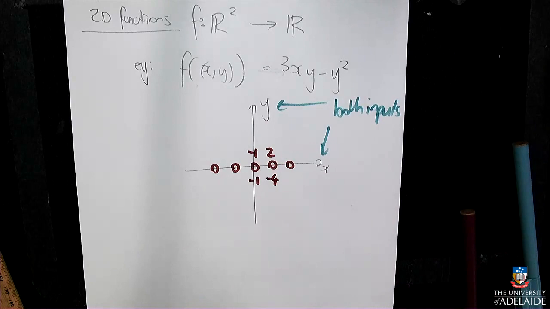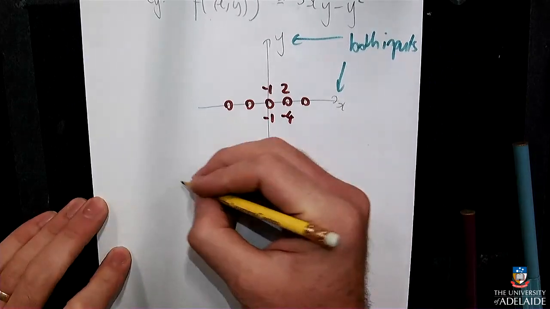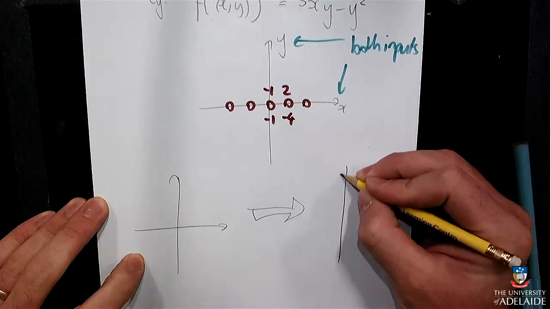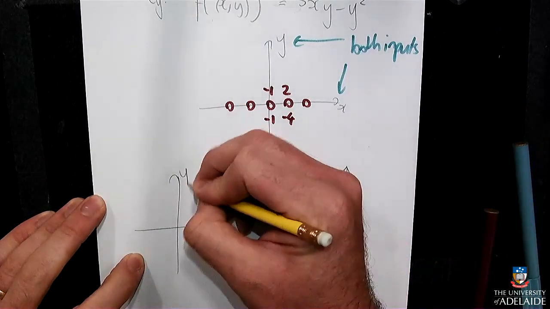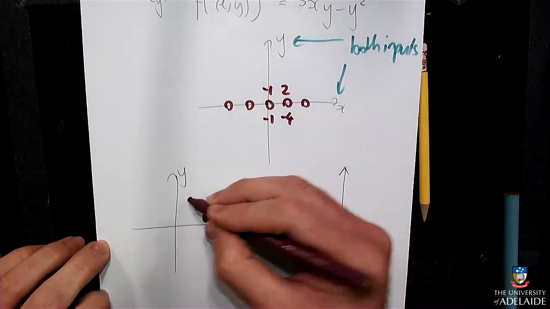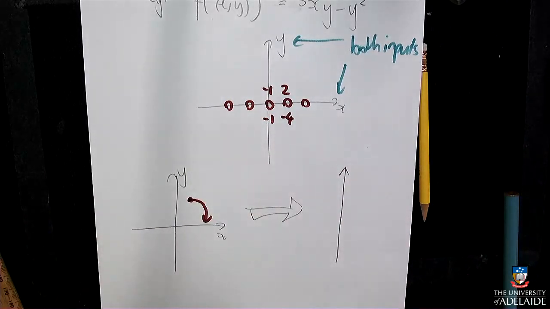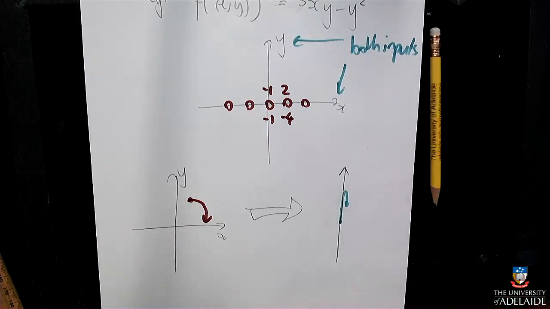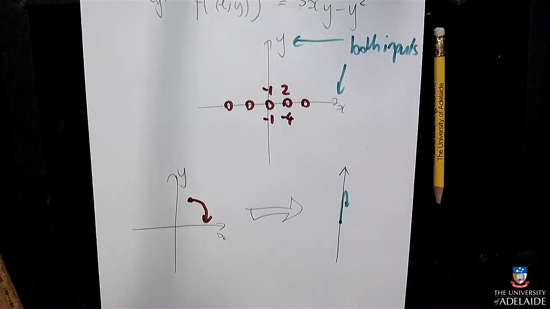So maybe instead of trying to feel or see the number just by reading it, you could imagine a point moving around here, and however it moves, it would do something on the output.